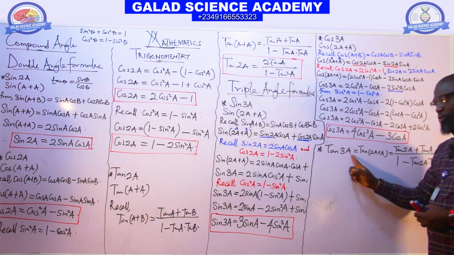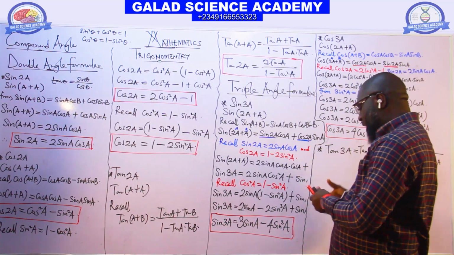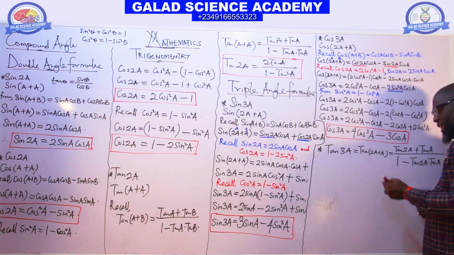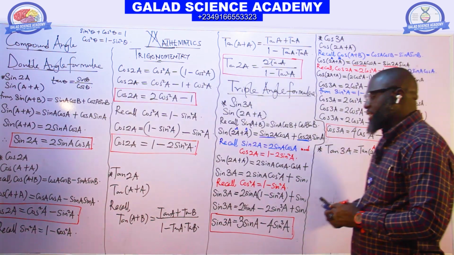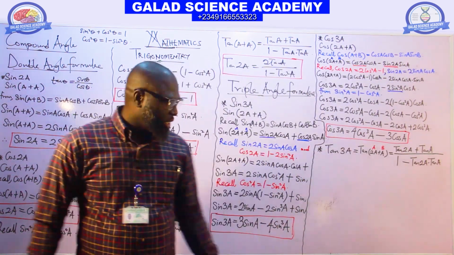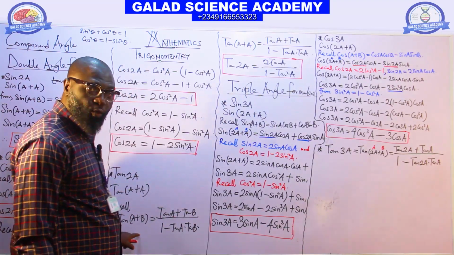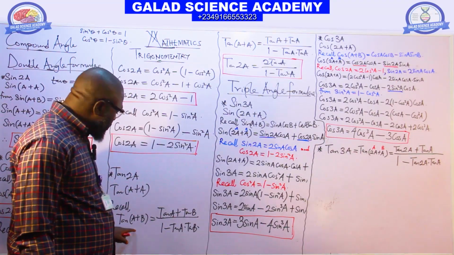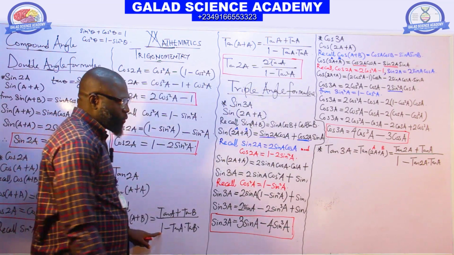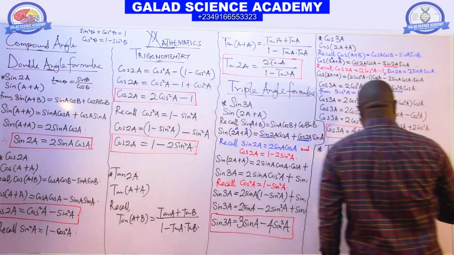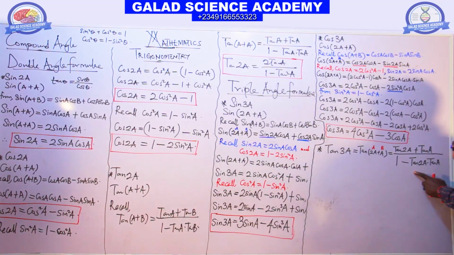We split this into 2. So this 2A is equivalent to A, this one is B, like in this identity. I took this from the compound angle formula of tan. This formula is the one we apply here to split this tan 3A.